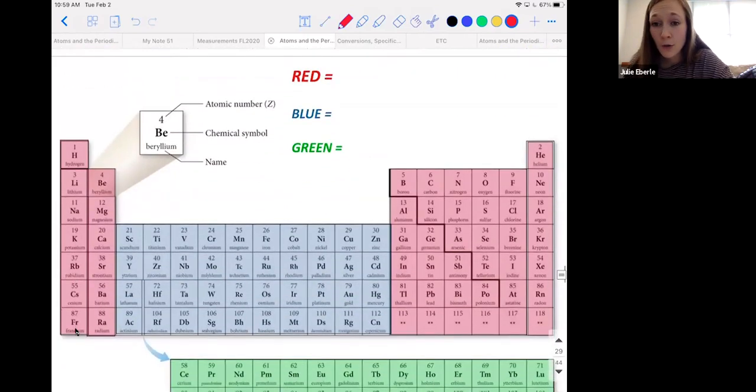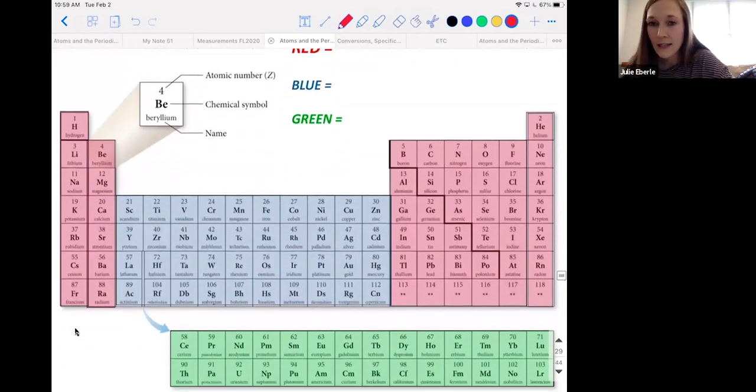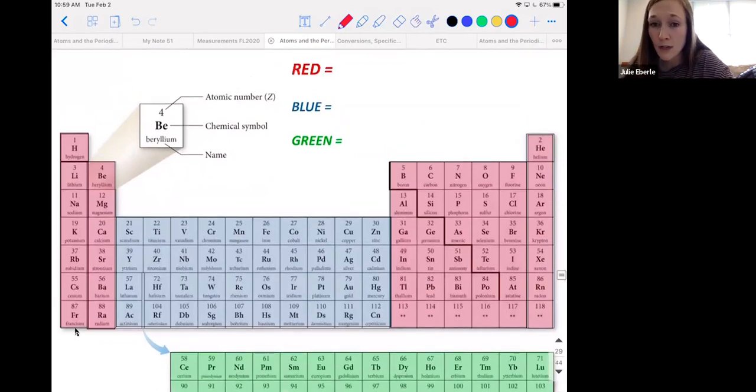Another way you can organize the periodic table is these blocks. We're not gonna get too heavy into these blocks. Mainly, we're gonna talk about the red and the blue colored sections. So everything colored in red, we call main groups. Any element in those red sections is a main group element. And then the blue, anybody know what the blue section's called?